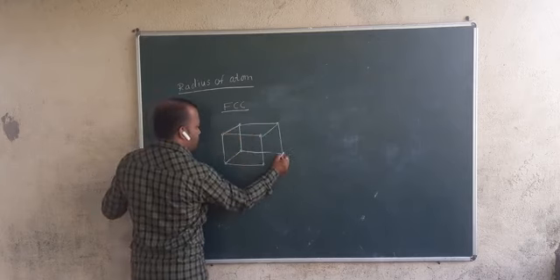First we need to draw a diagram. Eight constituent particles are at 8 corners. First, volume of cube is a cube.